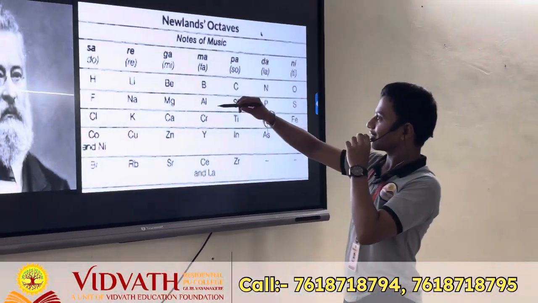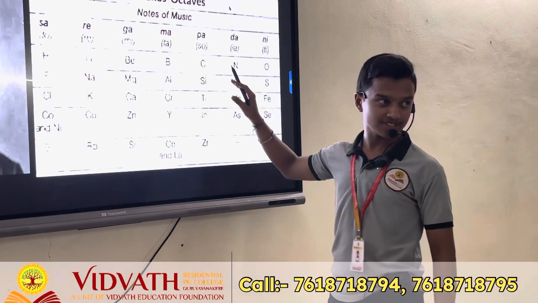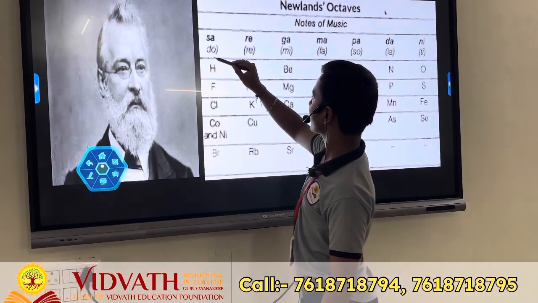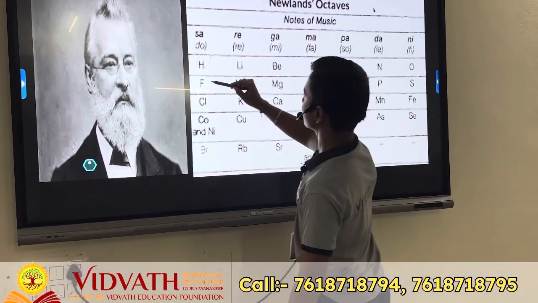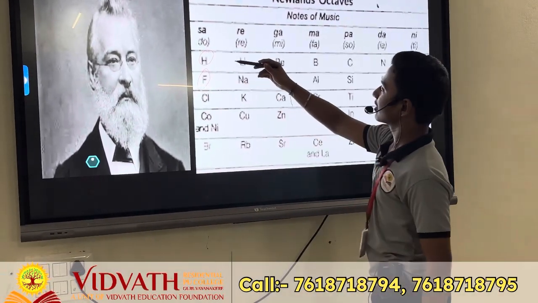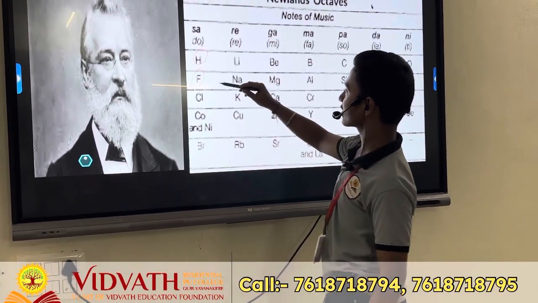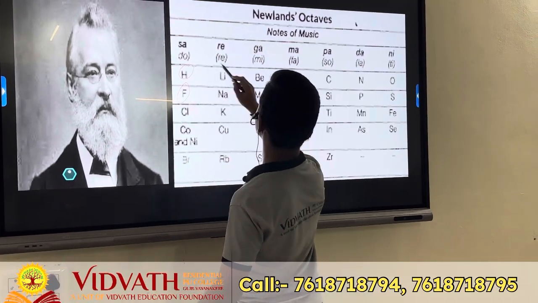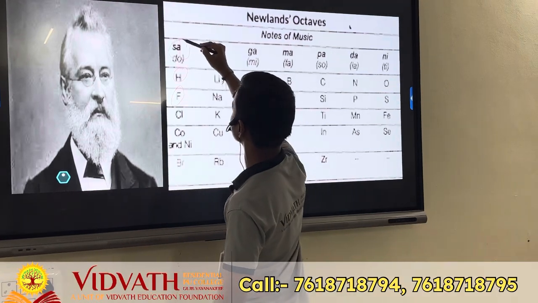Newlands arranged the elements in increasing order of atomic weights, and he noticed that every eighth element, that is fluorine, has similar properties to the first element, that is hydrogen. Like in the notes of music, sa re ga ma pa da ni sa, again we get the same sa here.